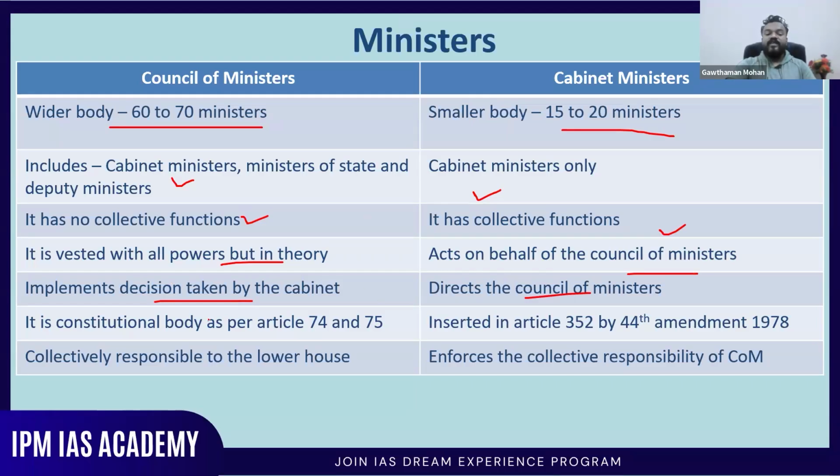And it is a constitutional body as per Articles 74 and 75, and these articles were later inserted in Article 352 by the 44th Amendment Act 1978. It is collectively responsible to the lower house and enforces the collective responsibility of the Council of Ministers. So basically, the cabinet is a smaller body, but a highly powerful decision-making body among the Council of Ministers also. Okay, so that's the difference between the Council of Ministers and the cabinet.